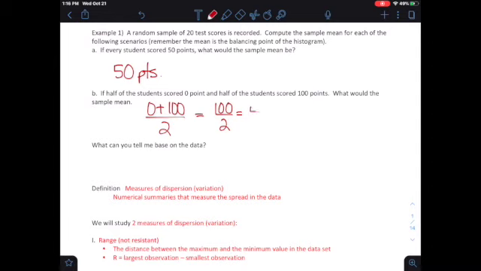Oh, it's 50 again. So in this case, what would the sample mean be? The sample mean is 50 because it's the average. What can you tell me based on the data? Well, I would think you should be able to tell me, hey, Ms. Wiesman, the sample mean is 50, but we cannot tell you which kind of data we were going to get.